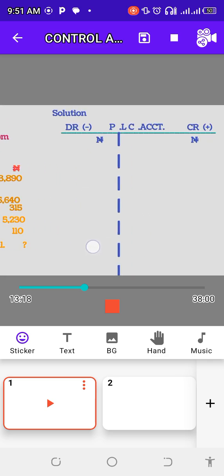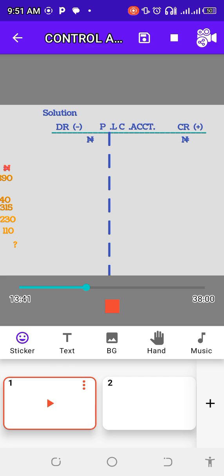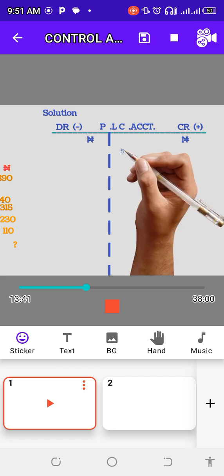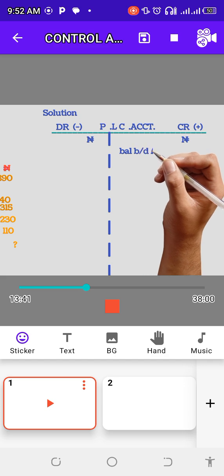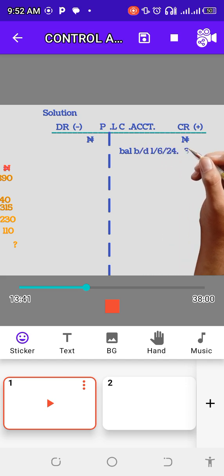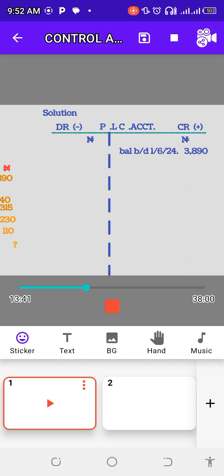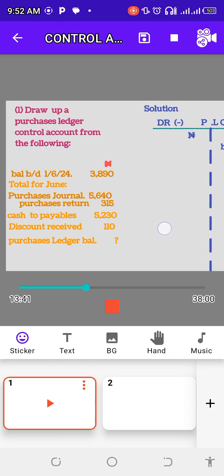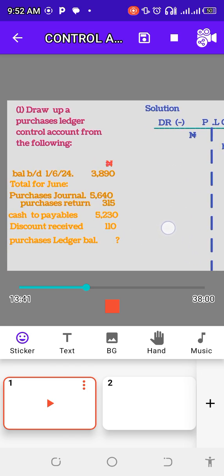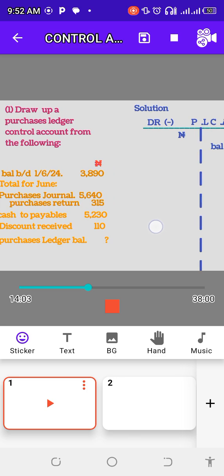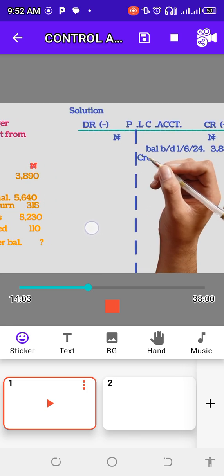And that one is going to be on the credit side. Balance brought down is to be taken on the credit side. Balance brought down is 3,890. Then the next item is purchases journal. That is total purchases, credit purchases for the period is 5,640.